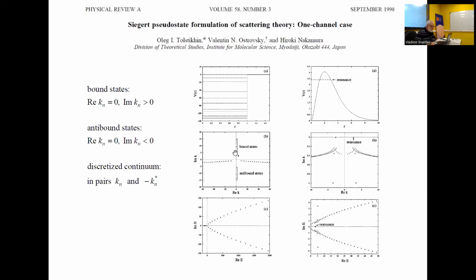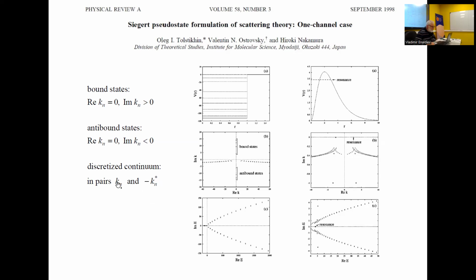Siegert eigenvalues can appear in the complex k-plane either on the positive imaginary axis, and then they represent bound states, or on the negative imaginary axis, and then they represent anti-bound states. And then there are sequences of solutions going like this to infinity, finite sequences for any finite n, but when n grows, they go to infinity.